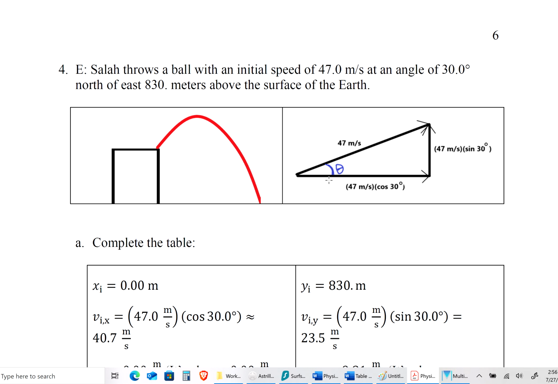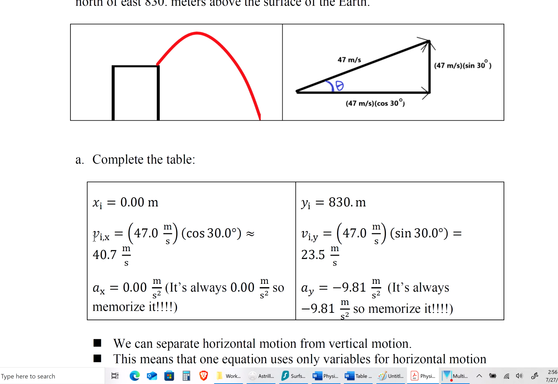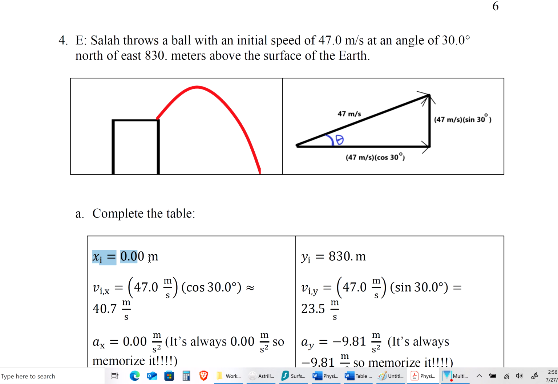So, we could break this down into V sub x and V sub y. V sub x here is 47 cosine 30. V sub y is 47 sine 30. This is thrown 830 meters above the surface of the earth. So x initial is 0, y initial is 830.